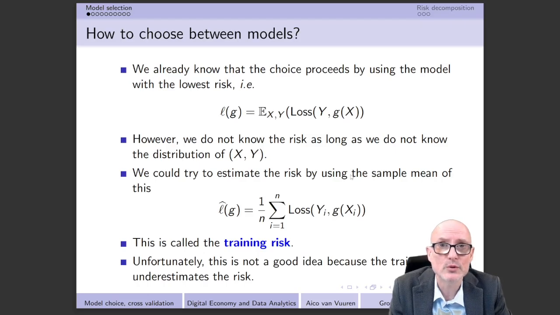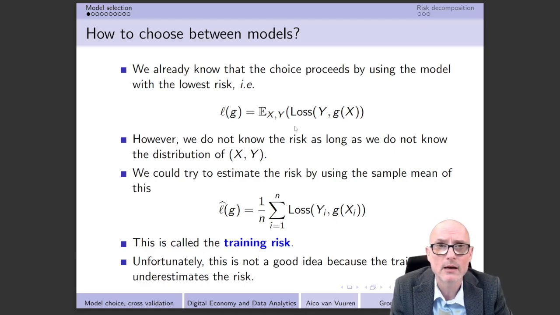What we should realize is that we already know the answer to that question, because we looked at it at the start of the previous video: we already know something about the so-called risk. We should always choose the learner, the prediction function g, in such a way that the risk is minimized.